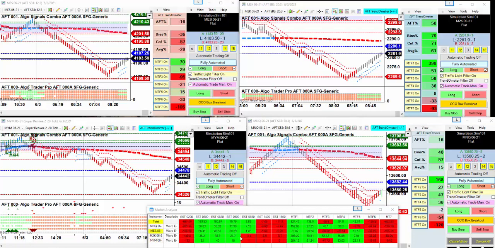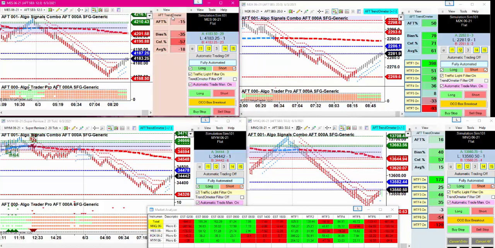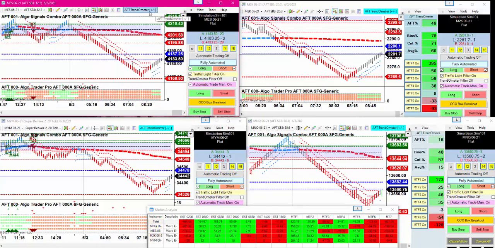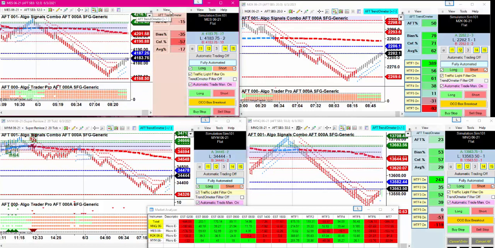This information gets input to, I'm just going to shut this off for a second here. Okay, notice you have the AFT Trendometer here at the top in this little button. If you click that, it populates. Let me show the entire bias here.